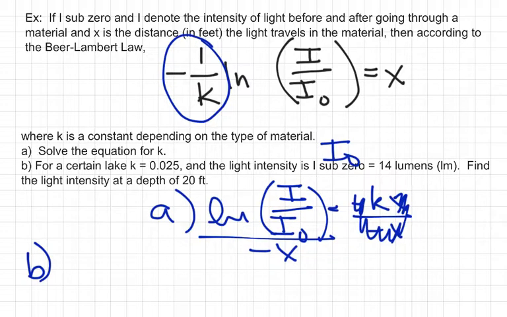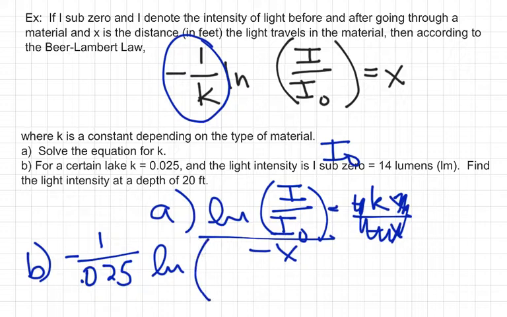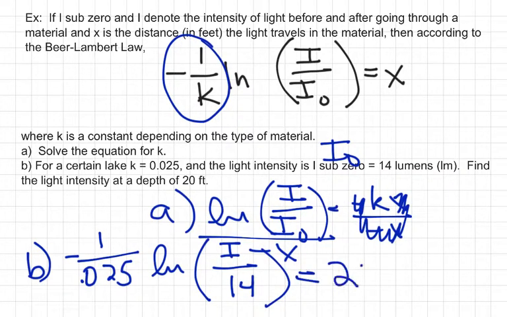I know that k is 0.025. And I know that the initial intensity is 14. What I want to find is the intensity after the light has traveled 20 feet.